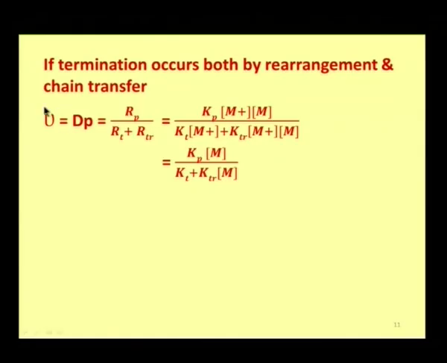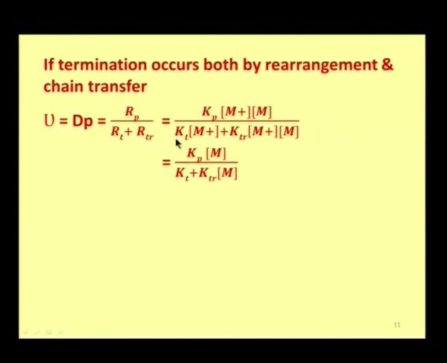Now, if the termination is going to occur both by rearrangement as well as chain transfer, then we combine both these to get the chain length, that is your kinetic chain length, which is equal to degree of polymerization, which is equal to Rp by Rt plus Rtr.